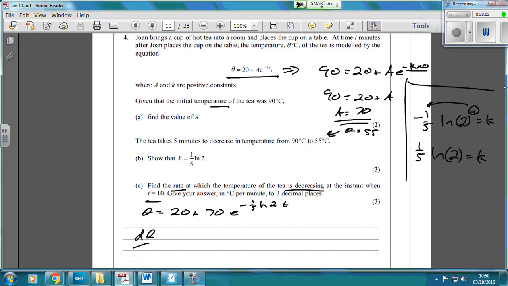So d theta by dt, 20 is just going to go, and when we differentiate with exponentials, it stays the same, so it's still going to be minus 1/5 log 2t. Then we differentiate the power and bring that to the front, so that's going to be multiplied by minus 1/5 log 2.